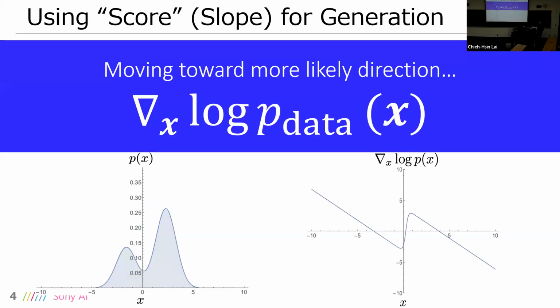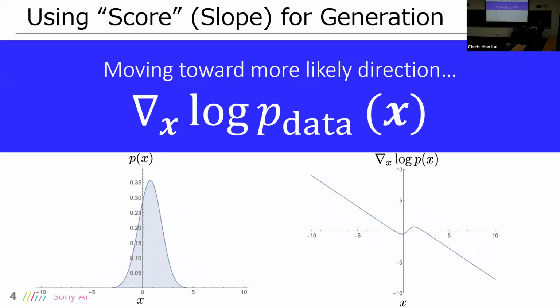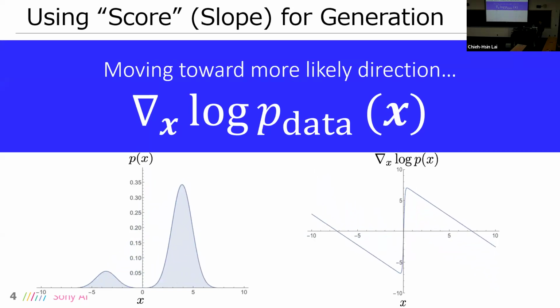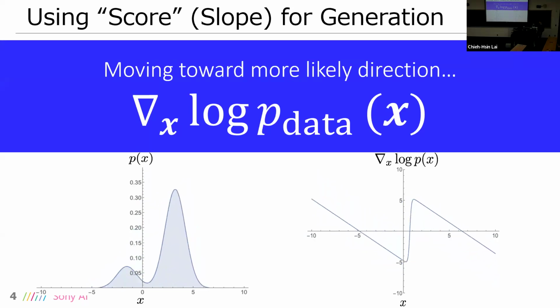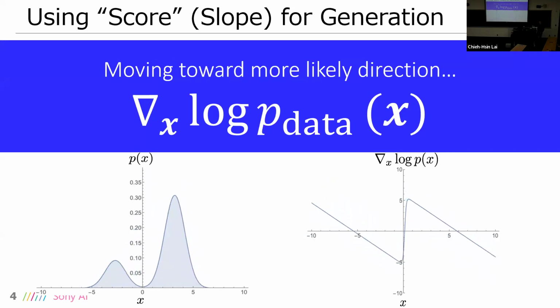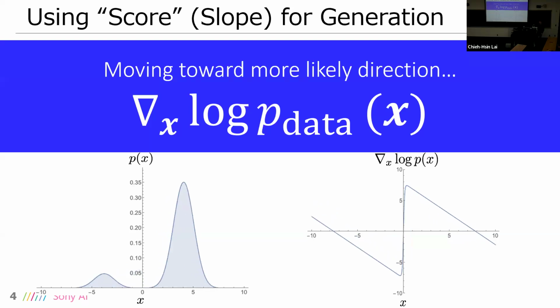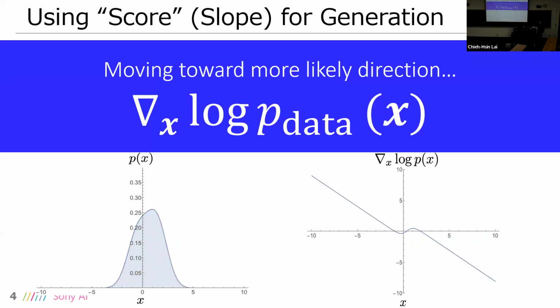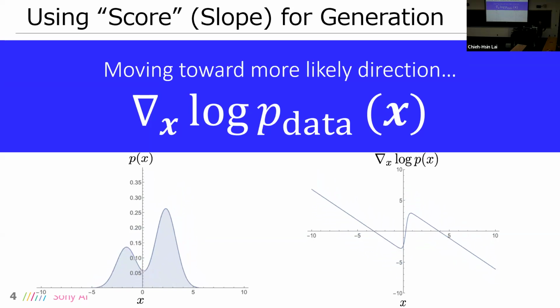But a diffusion model actually uses this function, a vector field, to do the generation. This is called the score function. It is the gradient of the log density, and it tells us how to move toward the high probability region of the data. So the diffusion model is all about how to use this score function for generation.